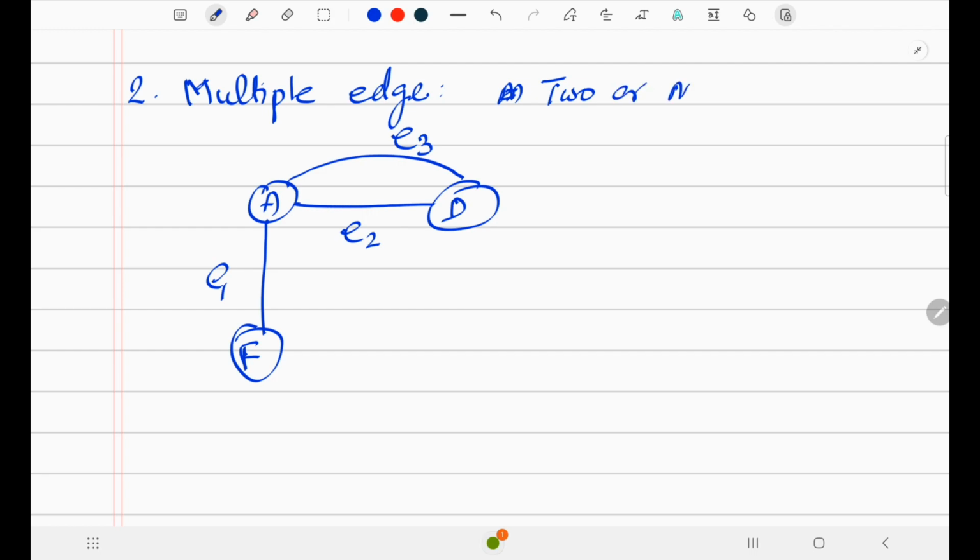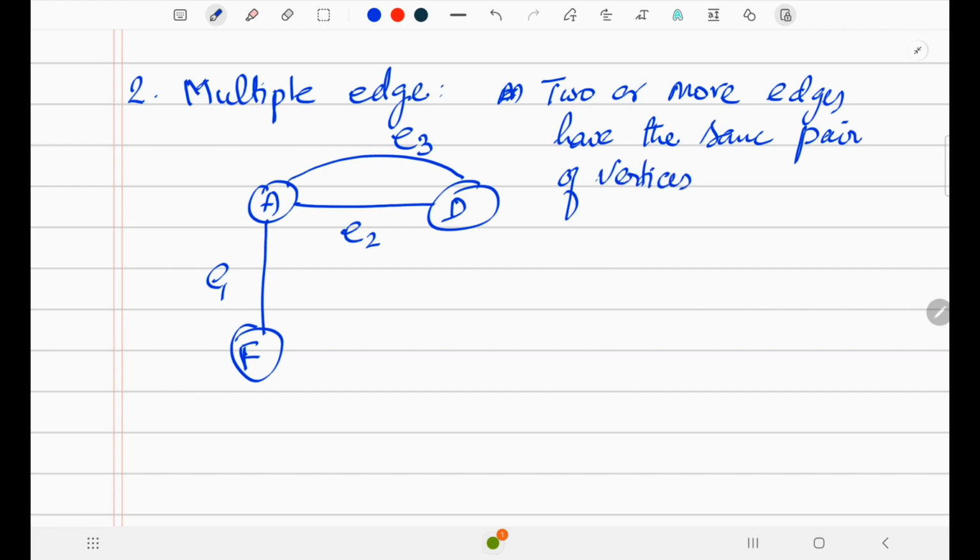The definition: two or more edges having the same pair of vertices as the endpoints are called multiple edges.